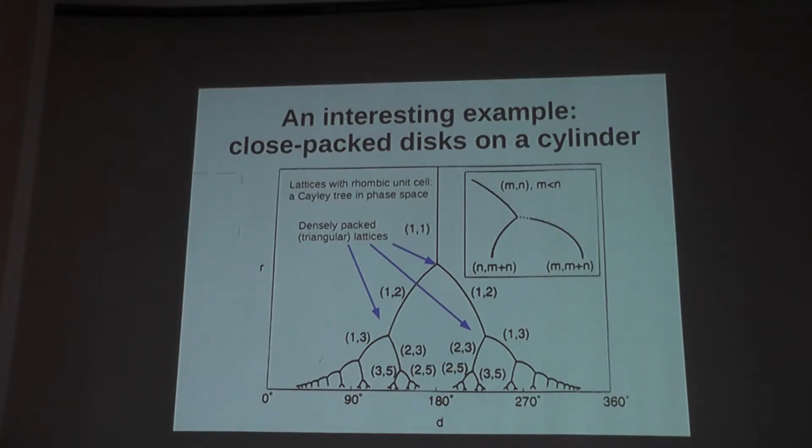So I will take equal hard disks and then pack them into a lattice, and then ask where, if I draw the corresponding points on my parameter space, which is height and angle, what do I get? It turns out that if you use this phase space that we defined, height and angle, then the lattices formed out of close packed disks form this interesting tree-like structure.